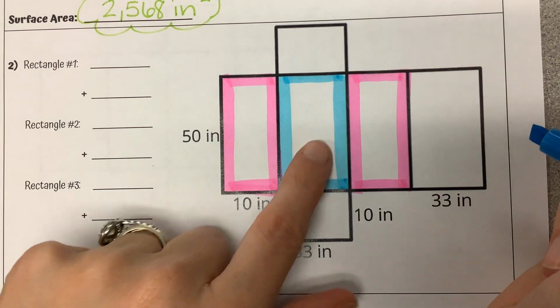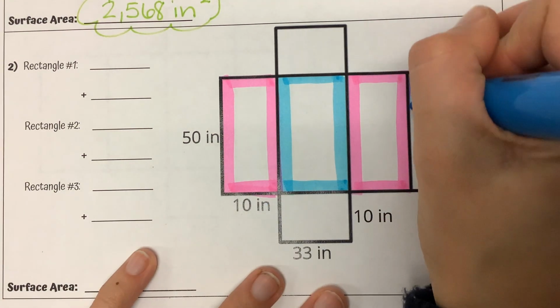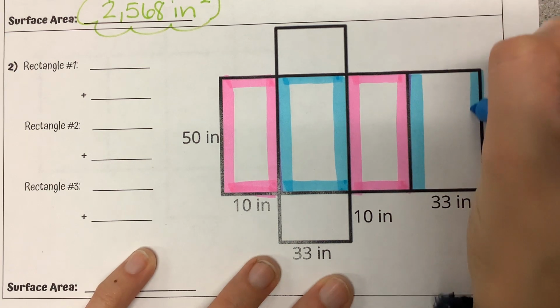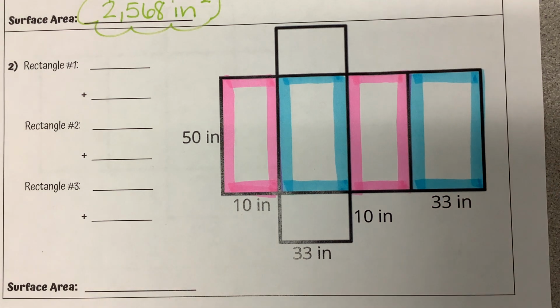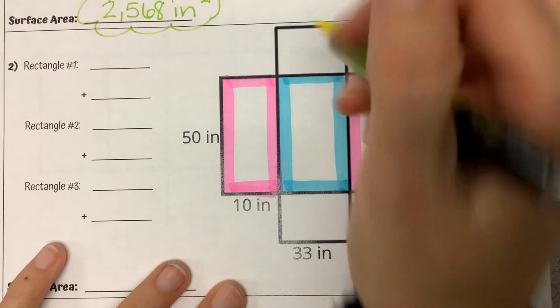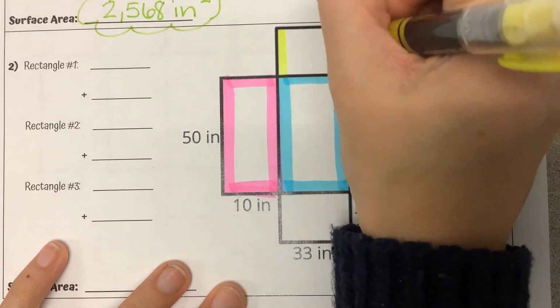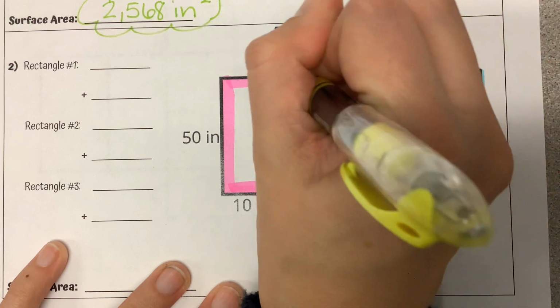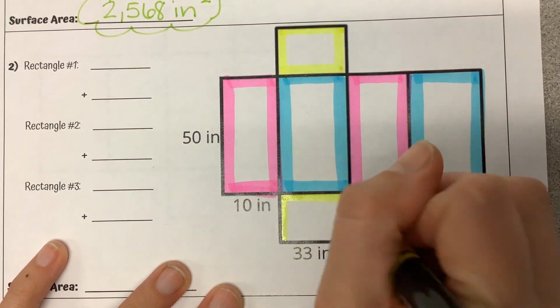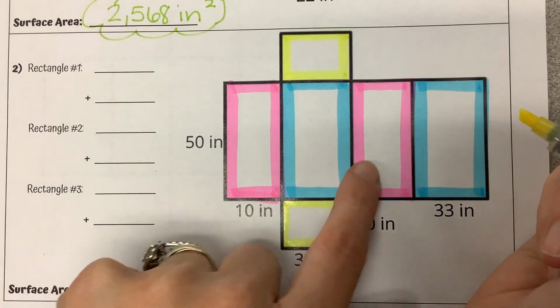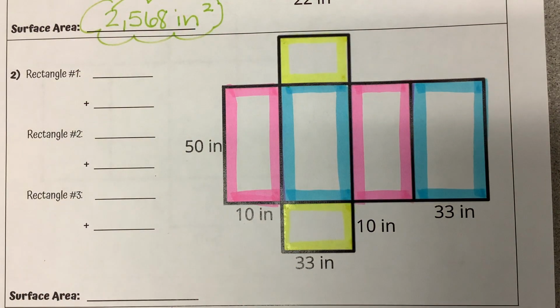So it goes pink, blue, pink, blue. And last are two bases on the top and the bottom. Highlighting in my third color, yellow. So pink, blue, and then our two bases being yellow.